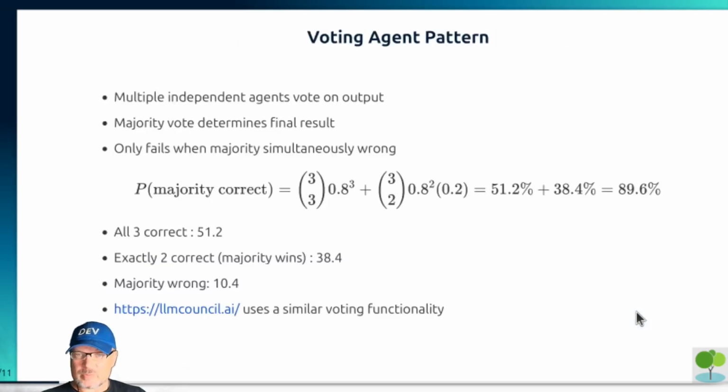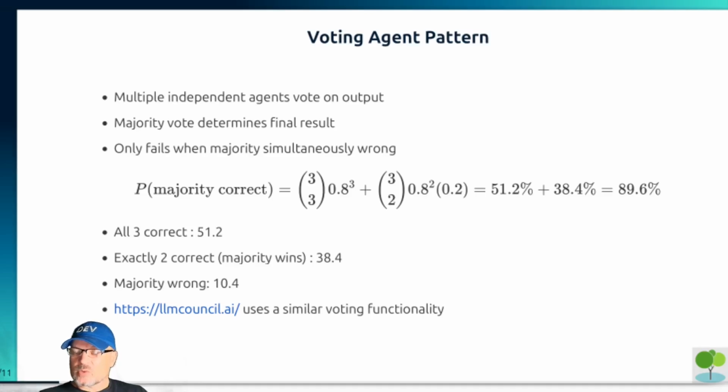We need some tools or algorithms to improve it, and one possibility is the voting agent pattern. With this pattern, the outputs of different agents are voted on, and the majority wins. Only when the majority is simultaneously wrong would we get a wrong result. In the example here, we have our three agents for the flight booking, and the probability that all three with 80% are correct is only about 50%.